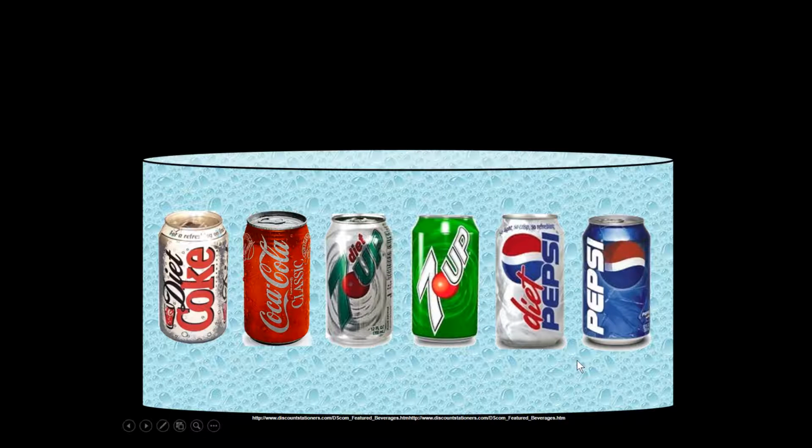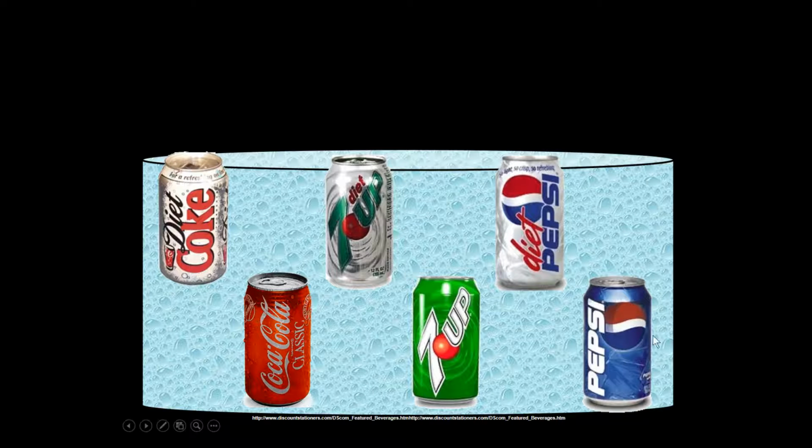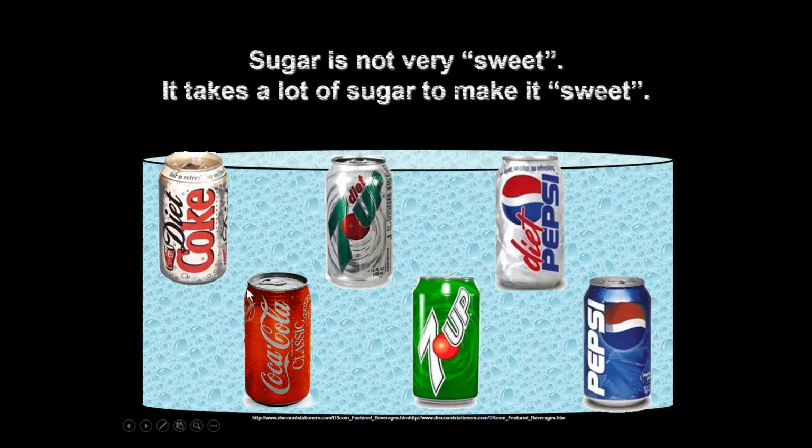Here's a fun fact. If you take diet sodas or regular sodas and submerge them all in a fluid like water, invariably the diet ones will float to the surface and the regulars will sink. And that is because sugar is not very sweet. And you think, that's the explanation? Well, it takes a lot of sugar to make something sweet.